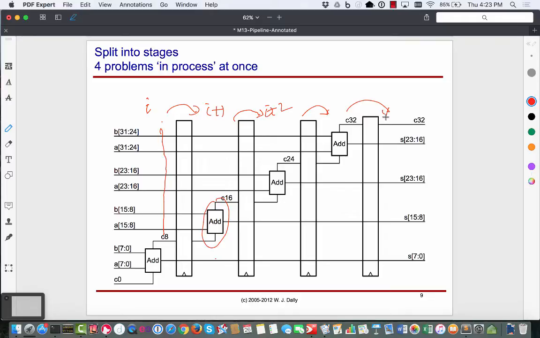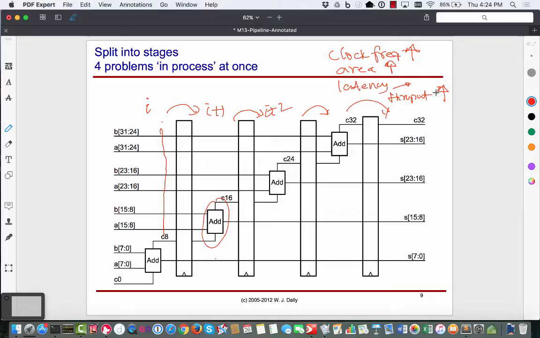So again, to emphasize here, clock frequency goes up, area goes up because I have registers and stuff like that. Latency goes up a teeny bit because registers add some delay, and throughput goes up.